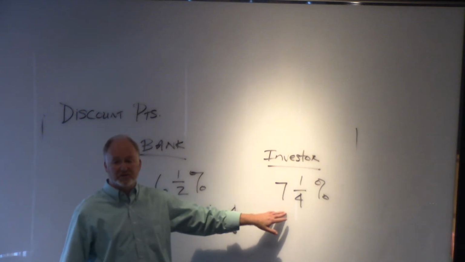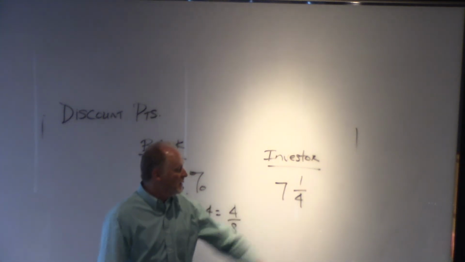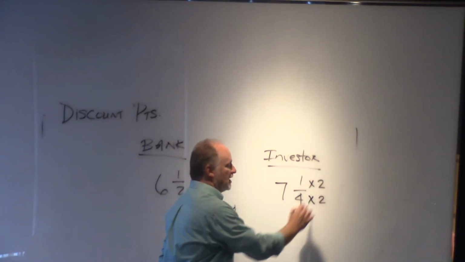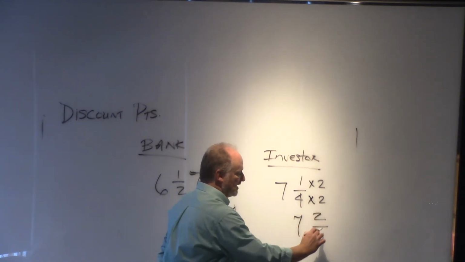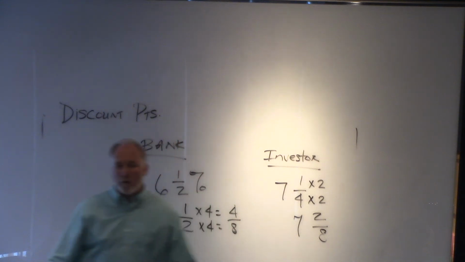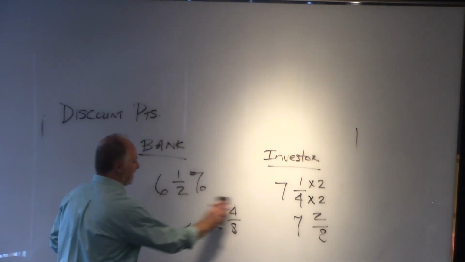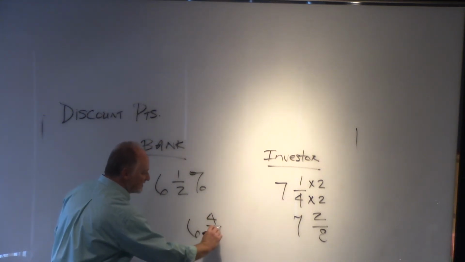Let's do the same thing to the 7 1/4. Focusing on the quarter to start with, what do I have to do to the 4 to make it 8? Times 2. Do also to the top. So 7 1/4 becomes 7 and how many eighths? 2 eighths. 7 2/8. So now the investor's demand is 7 2/8, and the bank rate is 6 and 4/8.